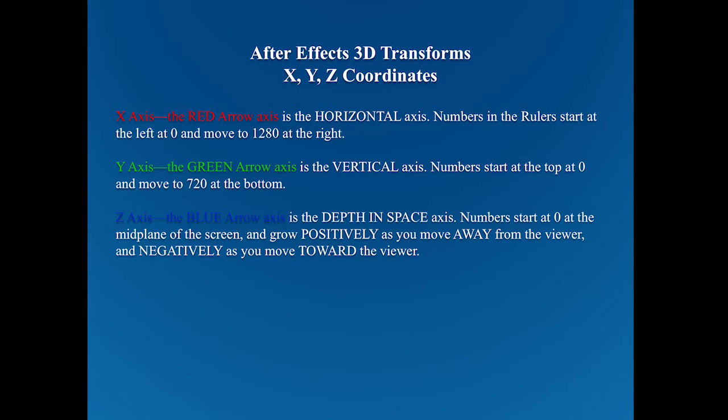The Y-axis is the green arrow axis, the vertical axis, and numbers start at the top at 0 and move to 720 at the bottom. The Z-axis, the blue arrow axis, is the depth in space axis. Numbers start at 0 in the mid-plane of the screen and grow positively as you move away from the viewer, and negatively as you move toward the viewer.